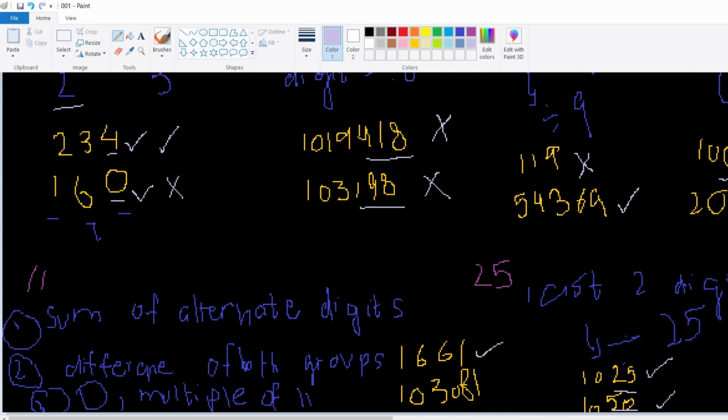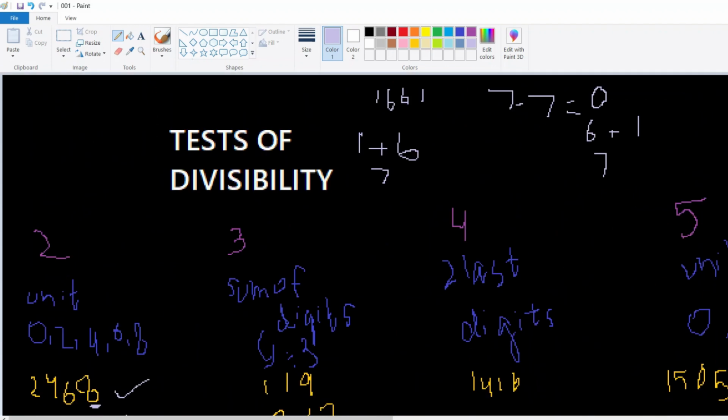Moving on, next we have 10381. 1 goes here, 0 goes here, 3 goes here, 8 goes here, while 1 goes here. 1 plus 3 plus 1 equals 5.